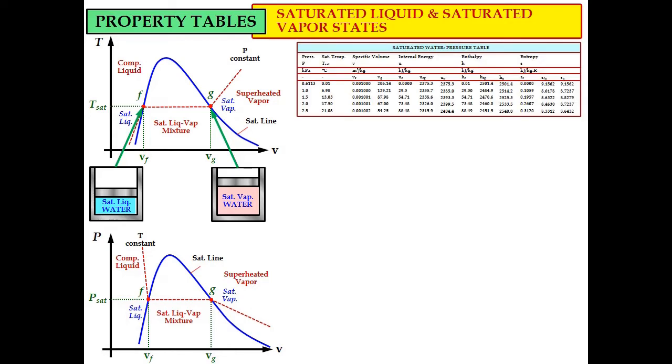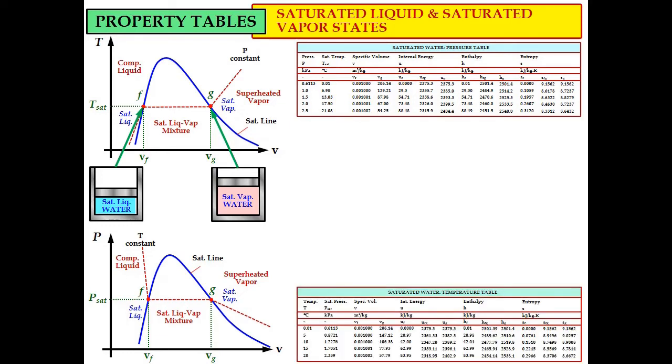So in order to obtain the data for saturated liquid and saturated vapor states, we need to use the saturated table. For example, let's say we want to obtain the data for water, so we need to use the saturated water table. There are two types of saturated tables. First, the saturated table based on pressure, as shown in the slide.